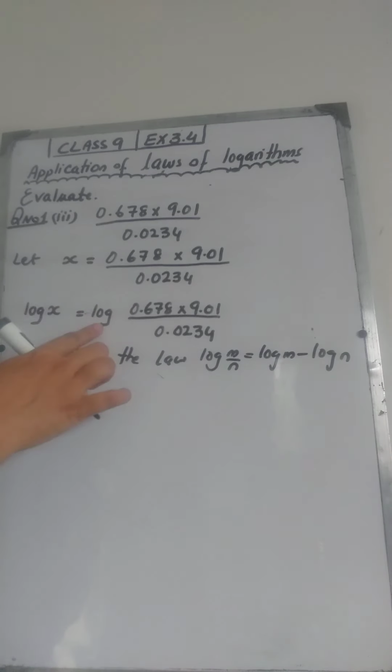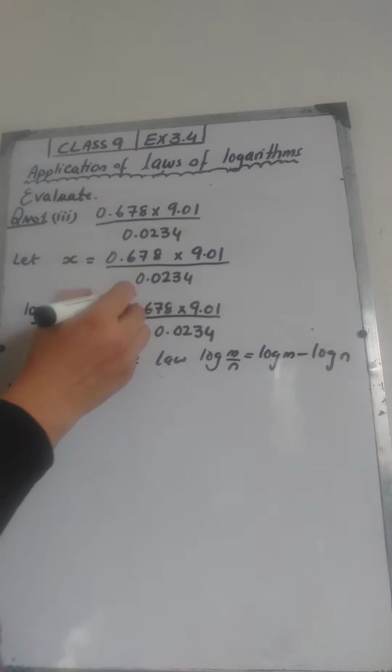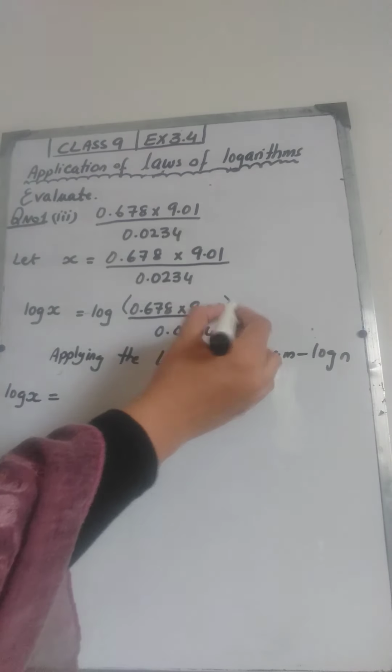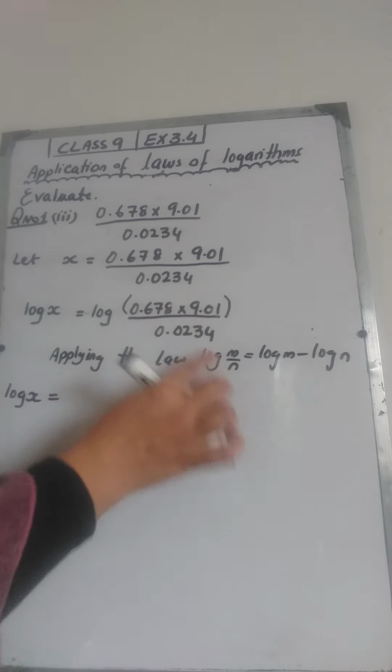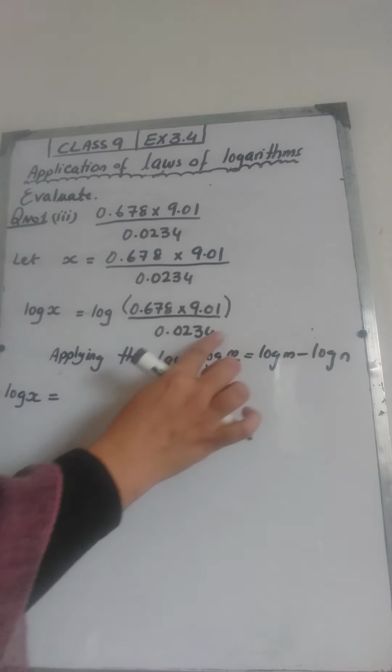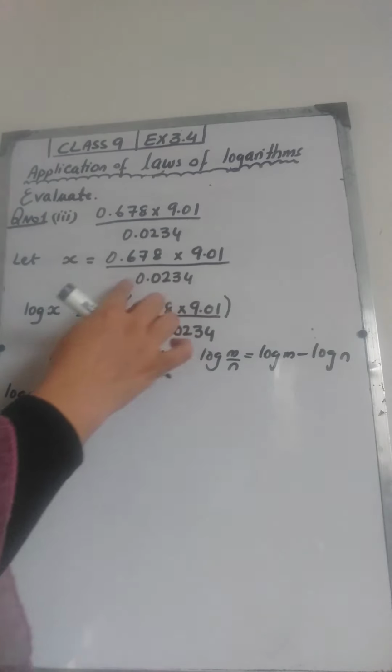Applying this law to this expression, log of x is equal to log of m over n. The number in the numerator is m, and the number in the denominator is n.